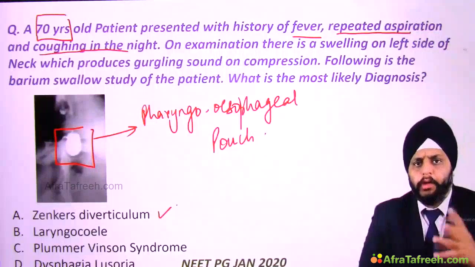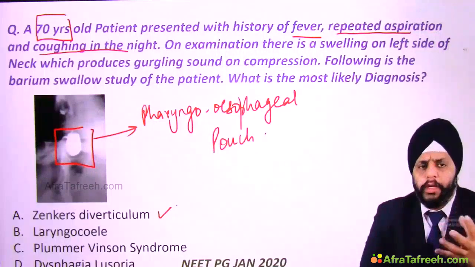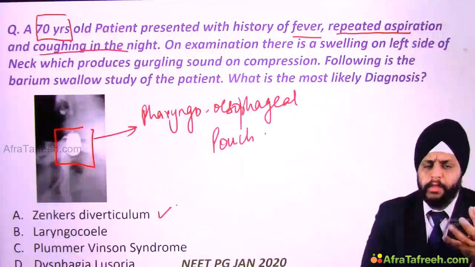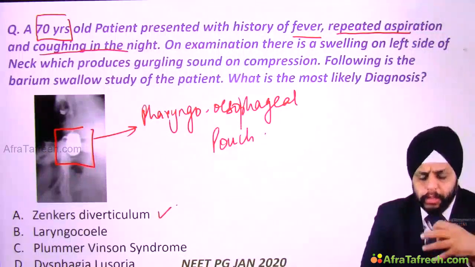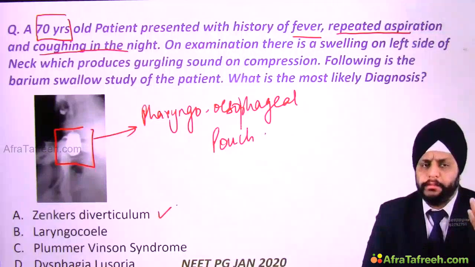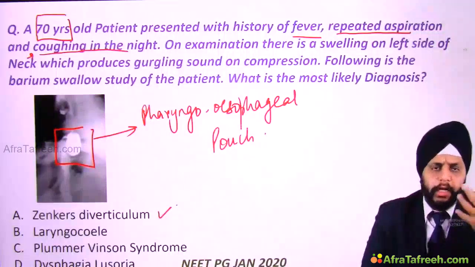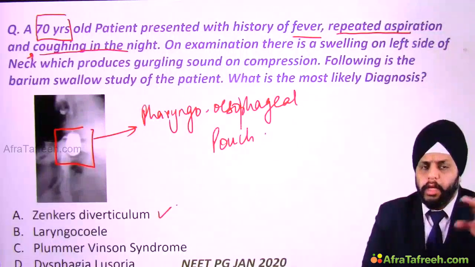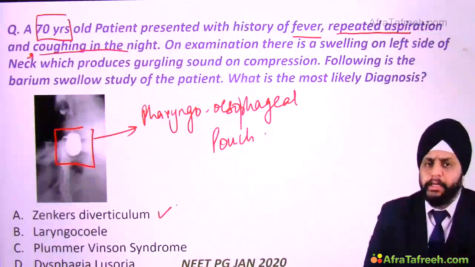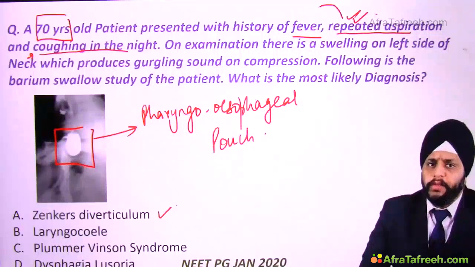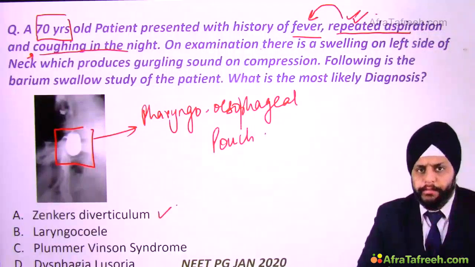Right? Now, because there is food over here, when the patient goes to sleep at night, the food regurgitates back, and that presents as coughing at night time. It irritates the patient, causing coughing. The food gets aspirated, so the patient has repeated aspirations, and this repeated aspiration is also causing fever.